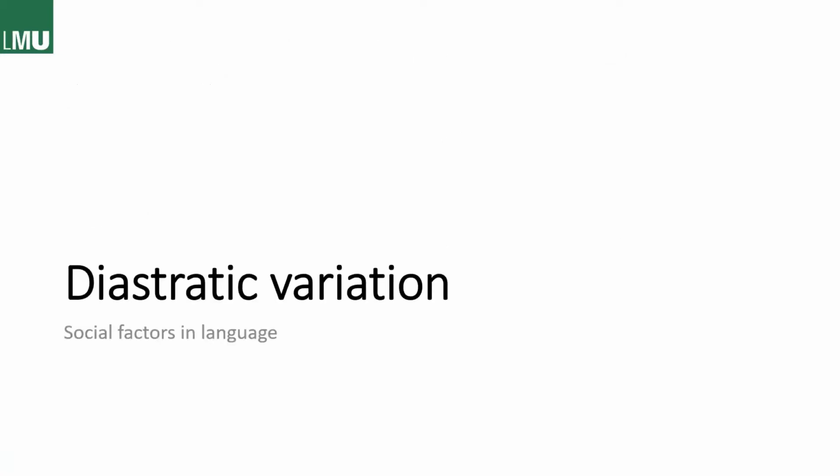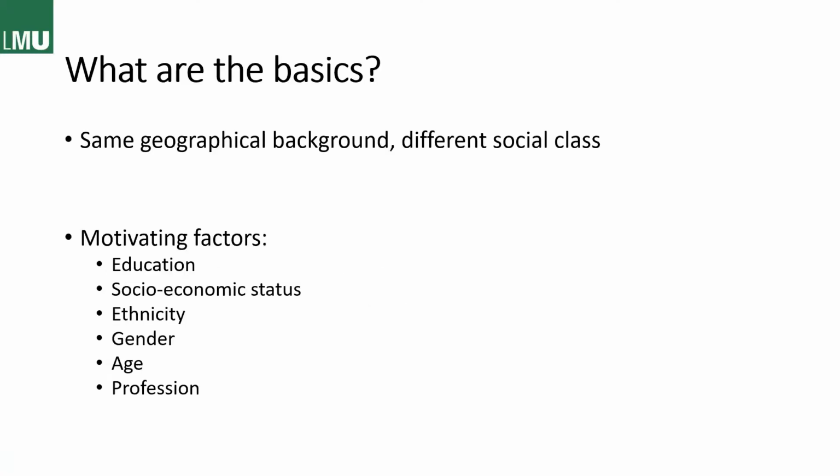Now, after all this RP and GA business, we are getting to diastratic variation or sociolect. First we have to determine the basics. Here we don't have any distinction according to geographical background. It's just according to social class. And there are a lot of motivating factors.